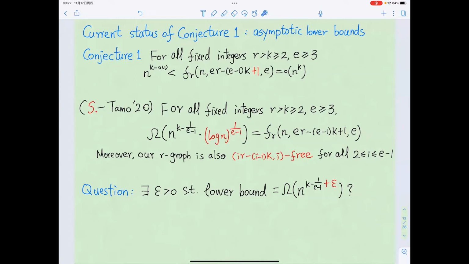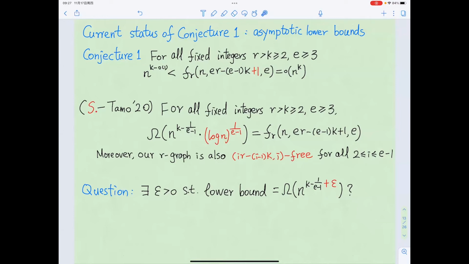In a parallel line of work, people use improvements on locally sparse graphs, and use this strategy to improve the Ramsey number of certain graphs. So this is a parallel line of work.